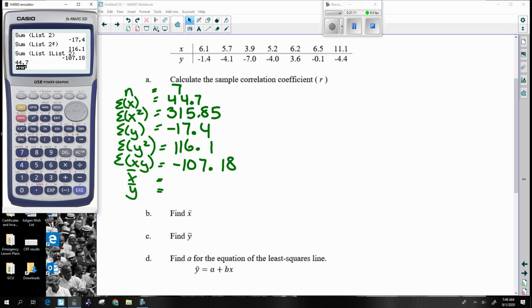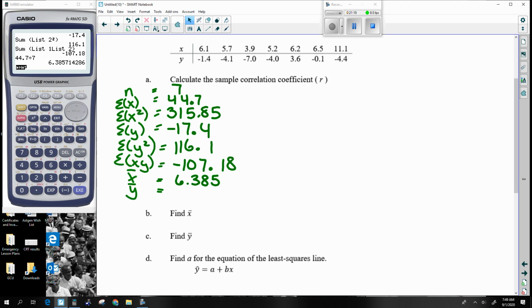That was the 44.7 divided by the number of numbers, which is 7. And do the same to y, you added them up, that's negative 17.4, and again divide by the number of numbers, 7. Okay, that's the Christmas tree.